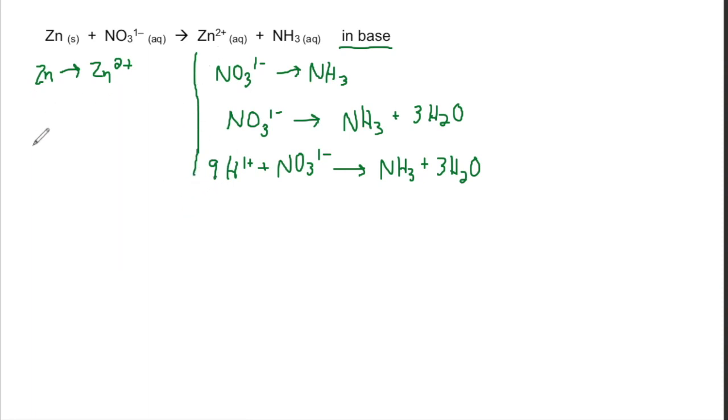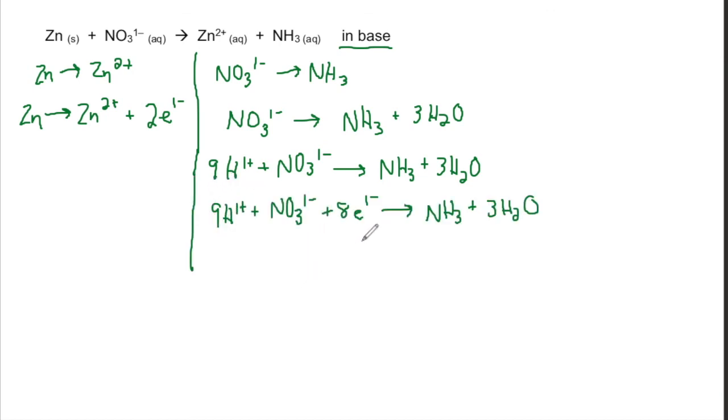Now it's time to balance charges, so we need to do both half reactions for that. We're going to have 2 electrons on the right side here to balance out this charge. Here we have a +9 and a -1, or +8, going to 0, so we need 8 electrons here.